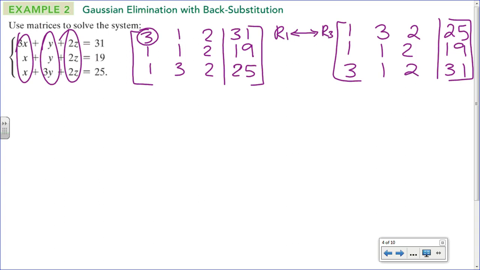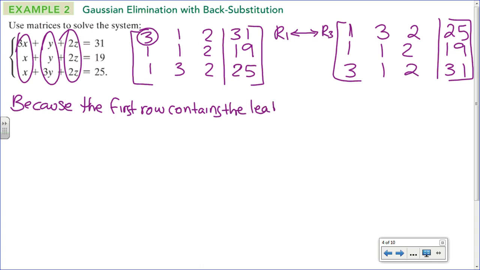We have the 1 here. So we're going to write the following, because the first row contains the leading one, R1 is our leading row.